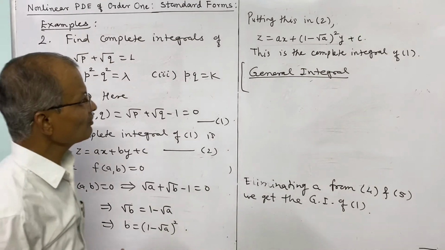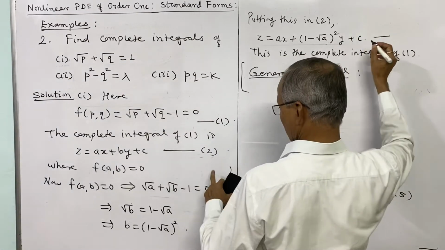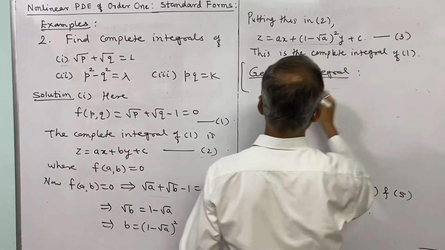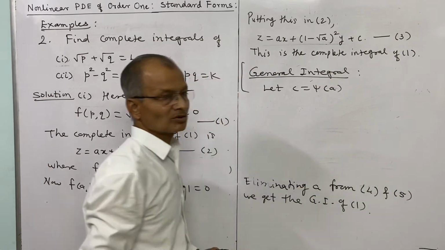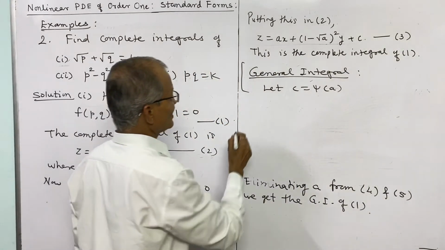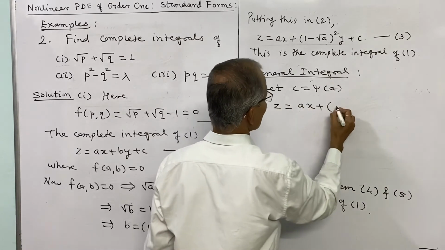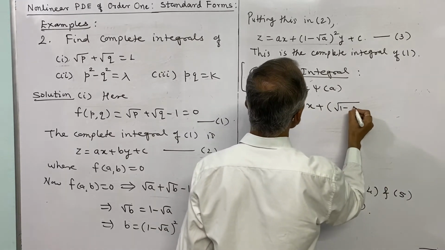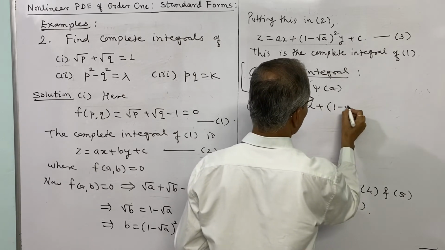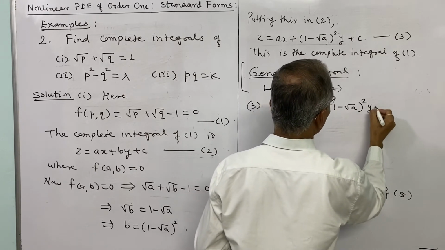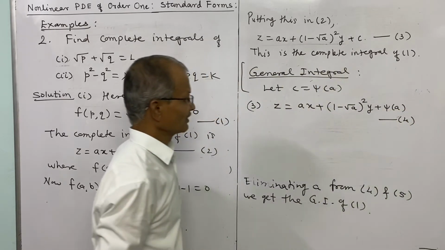But if you want to find the general integral, then we consider this as equation 3, and let c be equal to psi of a, a function of a, and thus 3 implies z is a into x plus 1 minus under root a whole square into y plus psi of a, and this will be our next equation, 4.